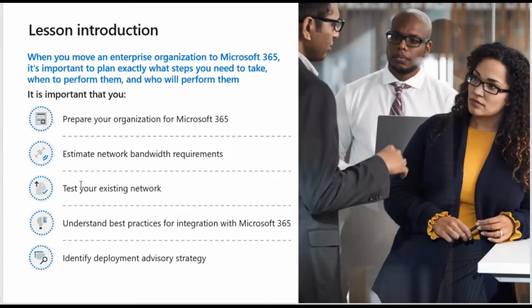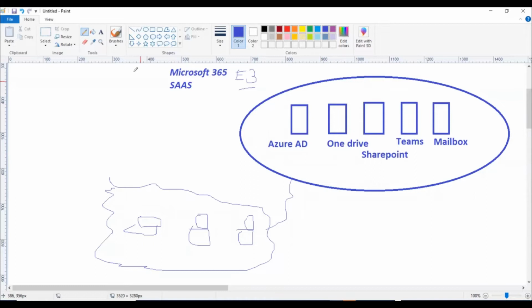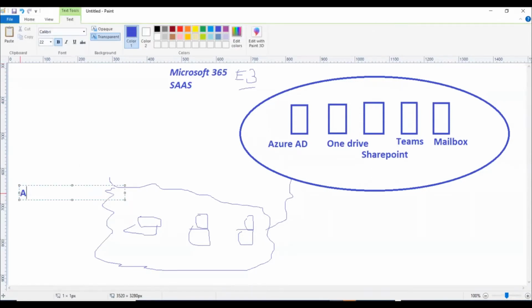These days, many on-premises services move to the cloud. Like all these services, remember in Microsoft Windows Server 2016, we have looked at Active Directory. Active Directory, right? So these things we have in the cloud.